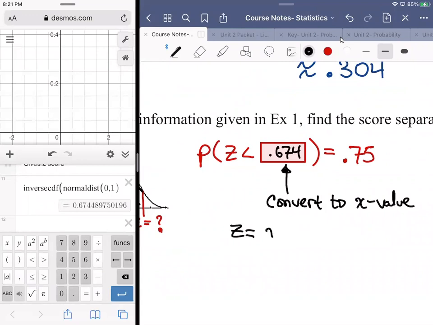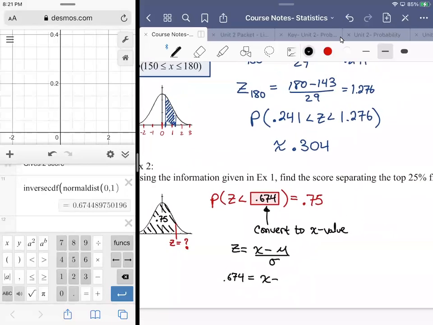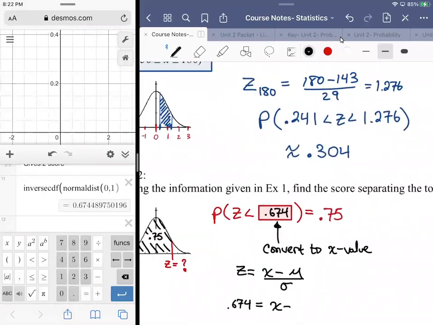But we're saying x minus mu over sigma. All right. So what I can do is I can pop in the 0.674, and the mu, which is 143, and the sigma, which is 29.